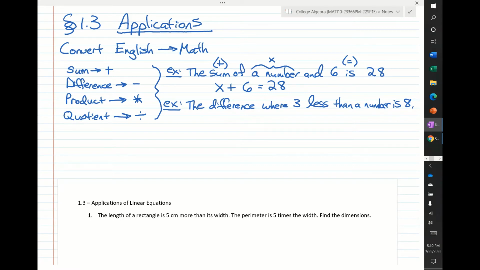Typically what people do is they do 3 minus x equals 8. But that would be wrong here.